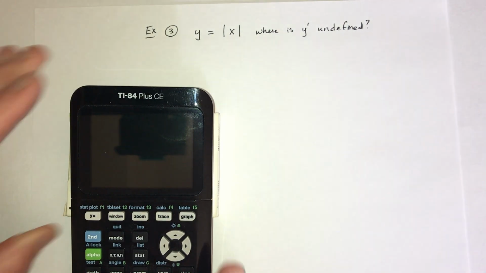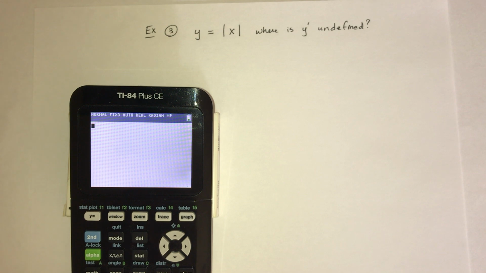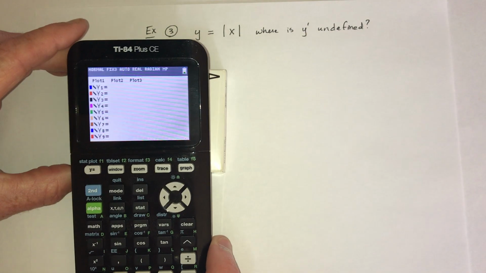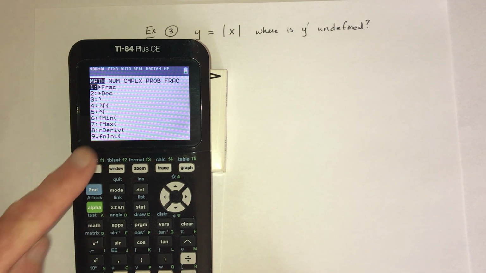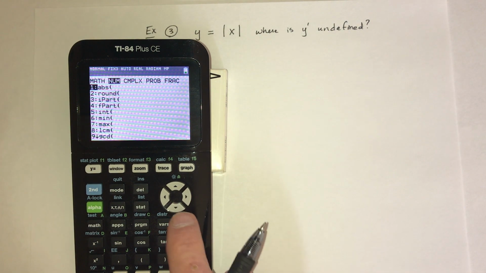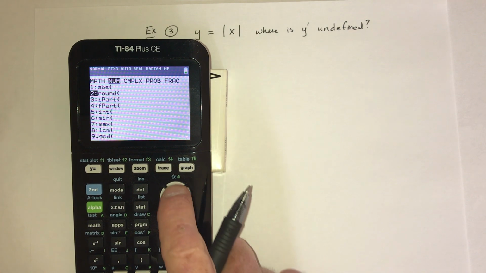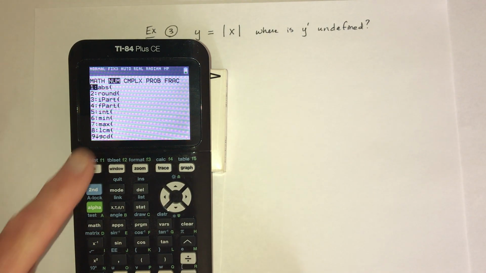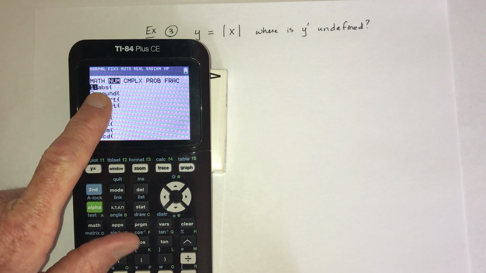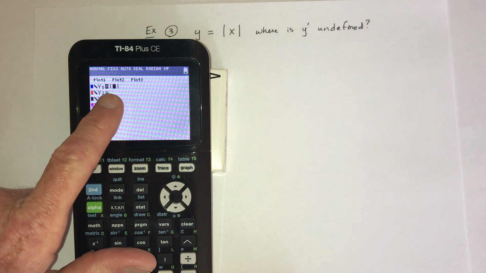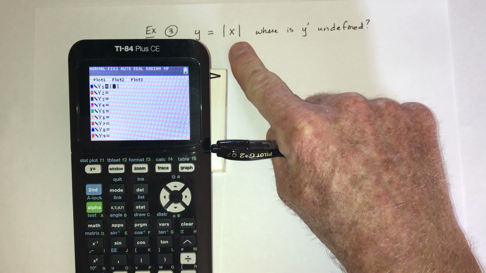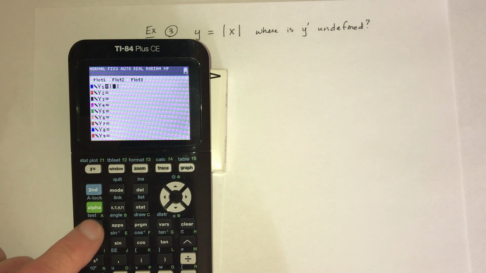So let's see. First of all, to graph it. So go to y equals, and then to get the absolute value, go over here to math, and then move over to number. And ABS, you may think is anti-lock braking system, but it stands for absolute value. And depending on your operating system, it'll either put the straight lines like I put that, or it'll put ABS.